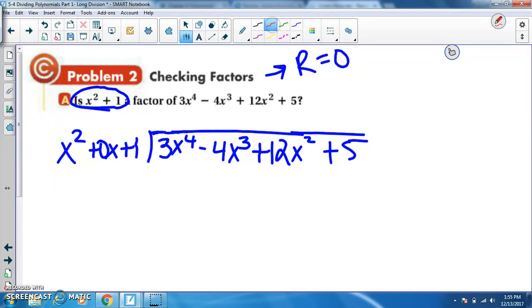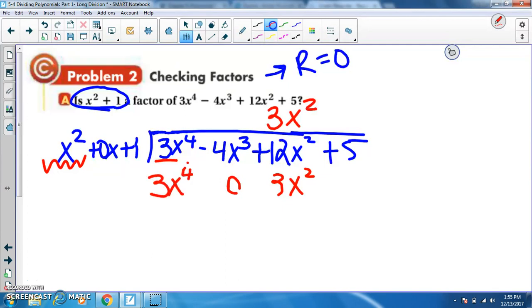And I always look at my first term of my divisor. How many times does x squared go into 3x to the 4th? And I would need to multiply by 3x squared. So I line it up with the place value and I multiply. 3x squared times 1 is 3x squared. 3x squared times 0x is 0. 3x squared times x squared would be 3x to the 4th.